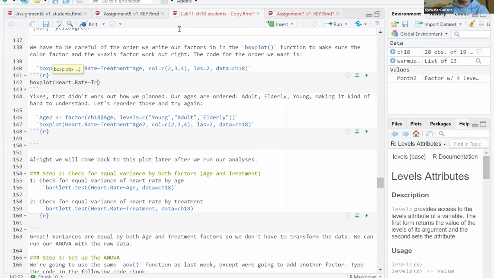So heart rate, we're organizing by treatment first. Treatment is going to be our colored factor times age, which is going to be our x-axis factor. col equals c 2, 3, 4. las equals 2. That's going to turn our axis labels. data equals chapter 18.